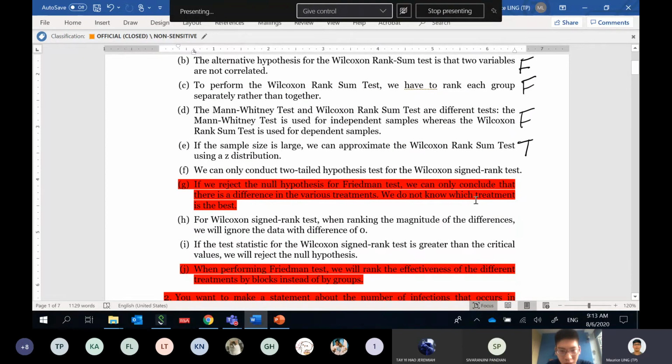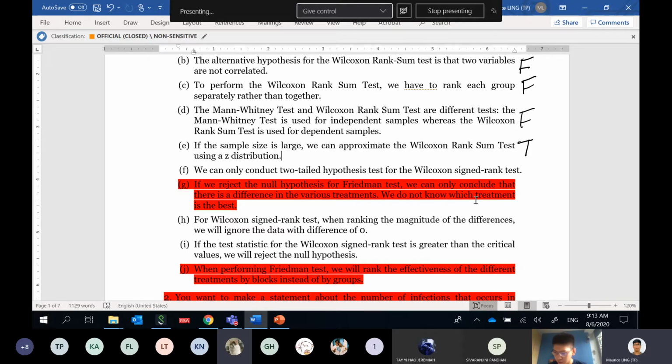Last few questions. We can only conduct a two-tail test for Wilcoxon signed rank test. Michael? That means only two-tail test, no one-tail test. True. Is it true? No, it's false.